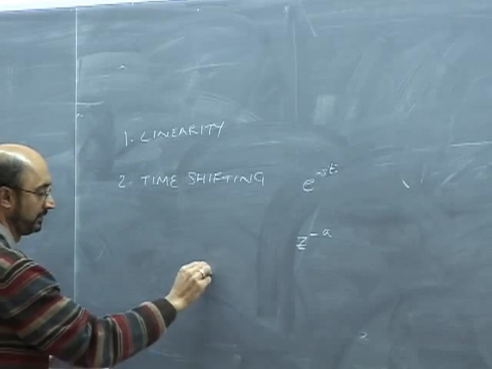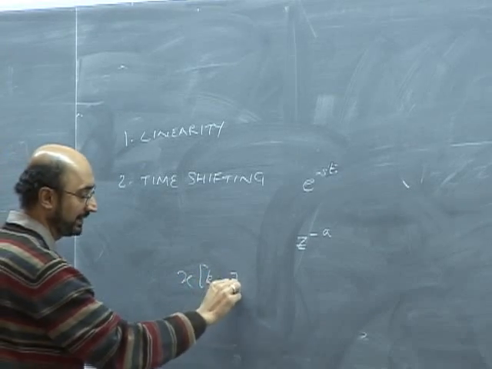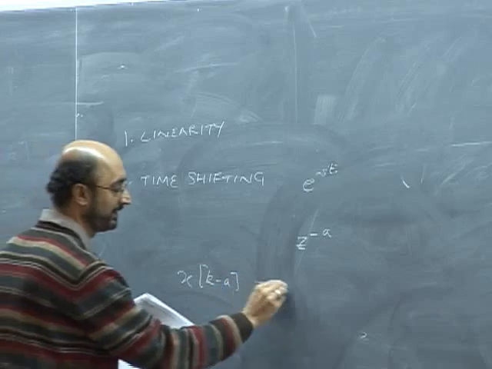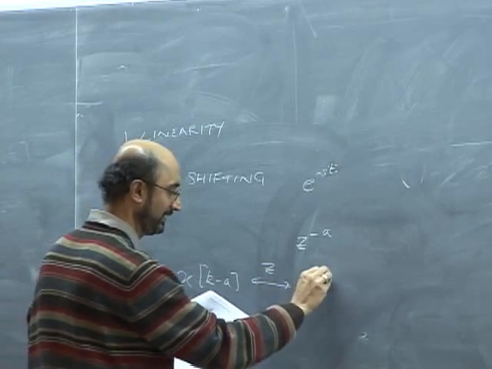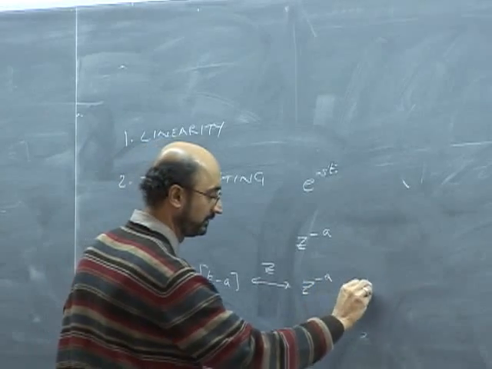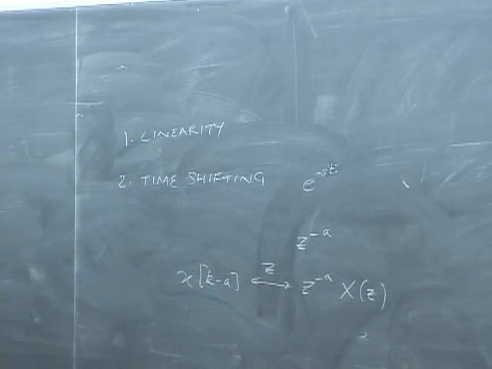So x[k minus a], we're shifting the signal a steps to the right, and the Z transform is going to be z to the minus a times X(z), like so. So you can just remember that in the Fourier transform we multiply by e to the minus j omega t naught.